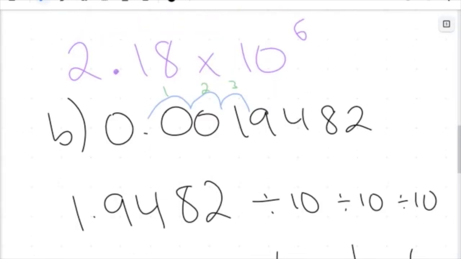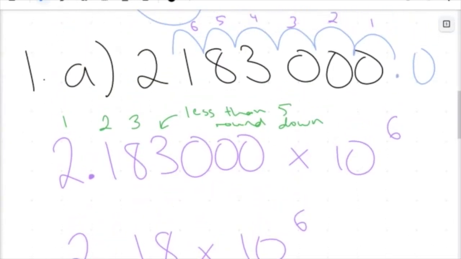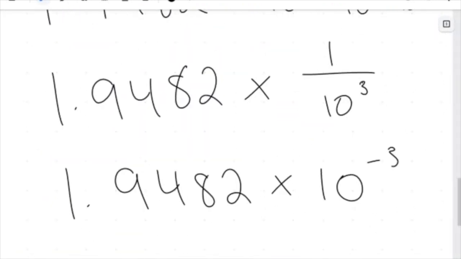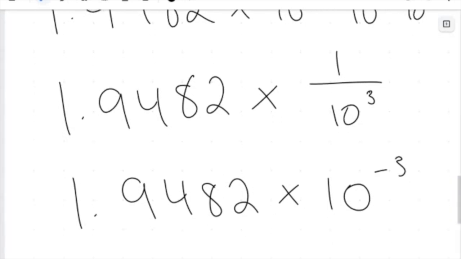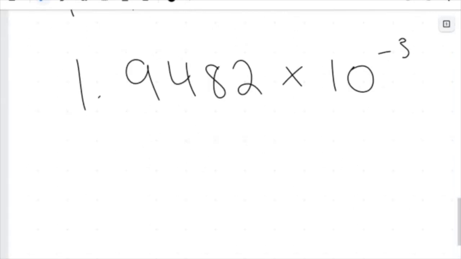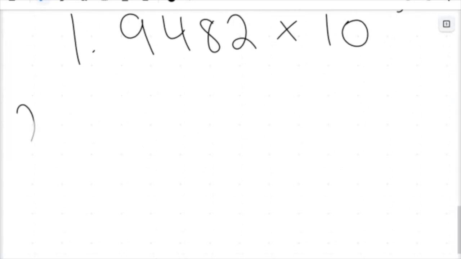The top one, the first example we did, is a little bit easier because we're more used to it, but this one on the bottom, we can think of this as multiplying by a negative indice, which gives the effect of dividing by 10 3 times.